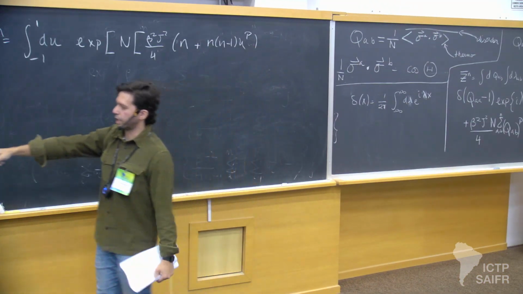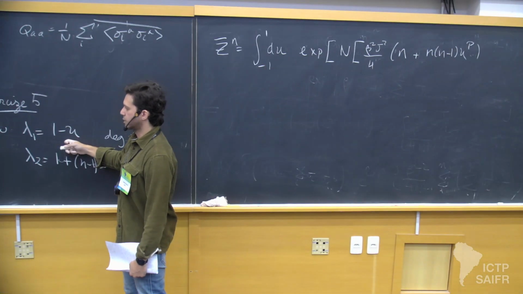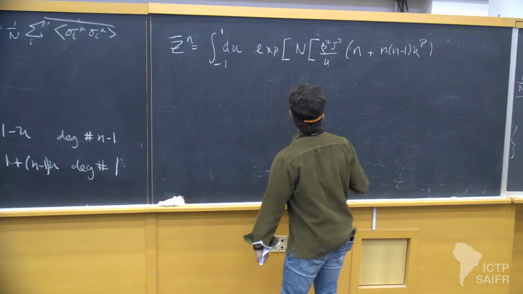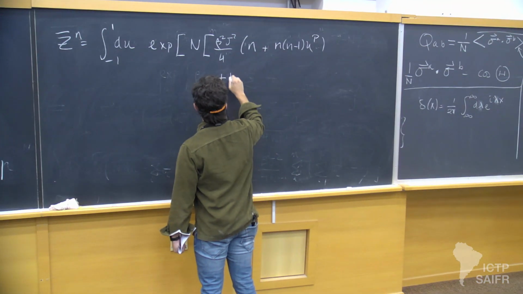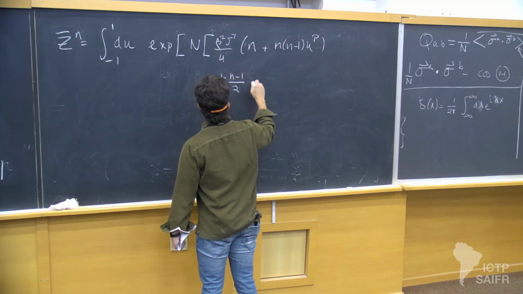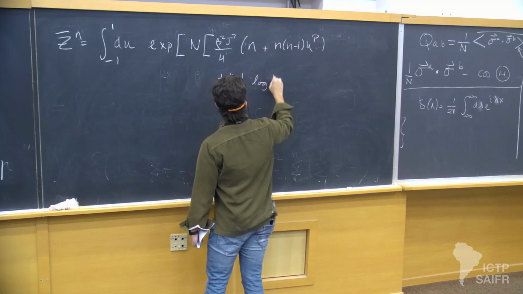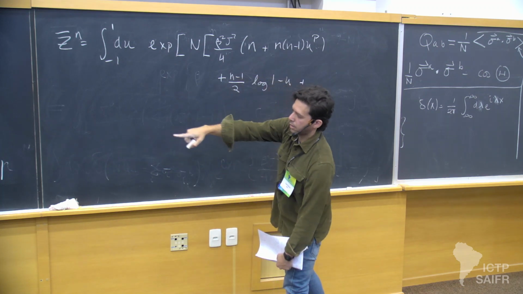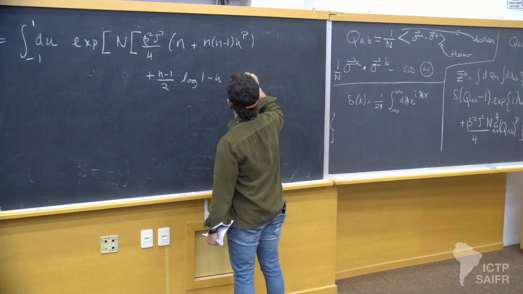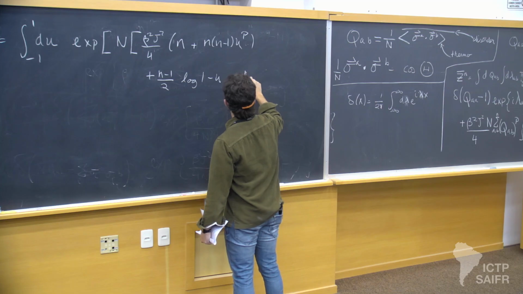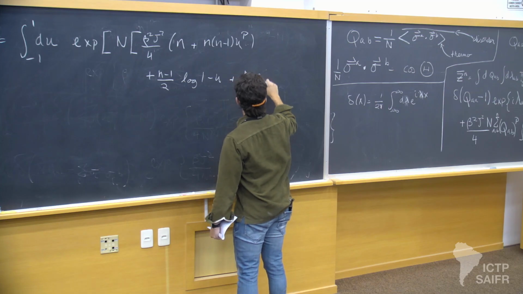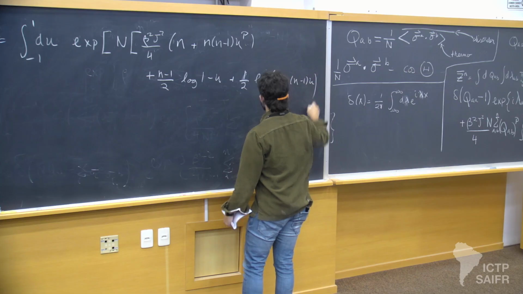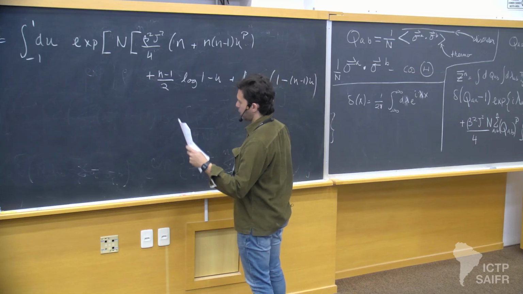And then we need to do the trace log, but we have the eigenvalues. So there's n minus 1 of 1 minus u's. So plus n minus 1 over 2 log of 1 minus u. Plus 1 over 2 log of 1 minus n minus 1 u.